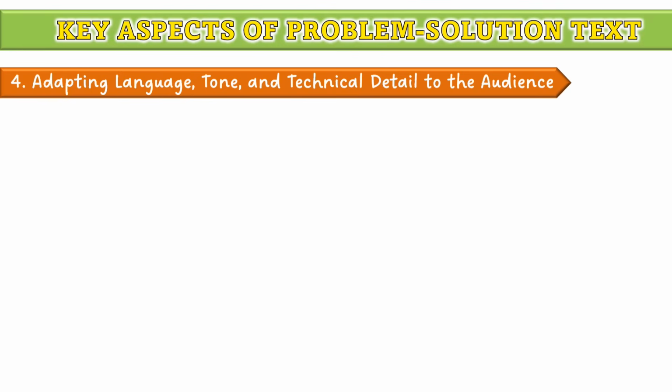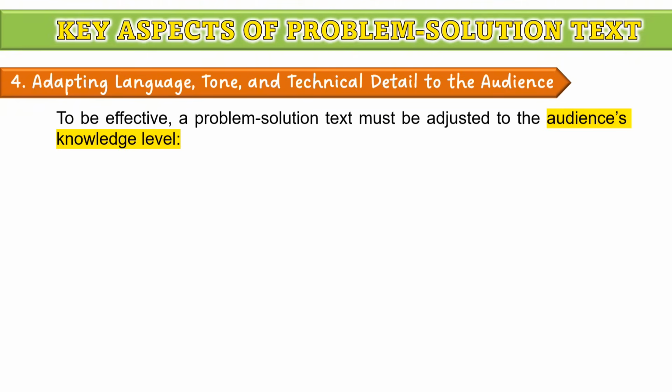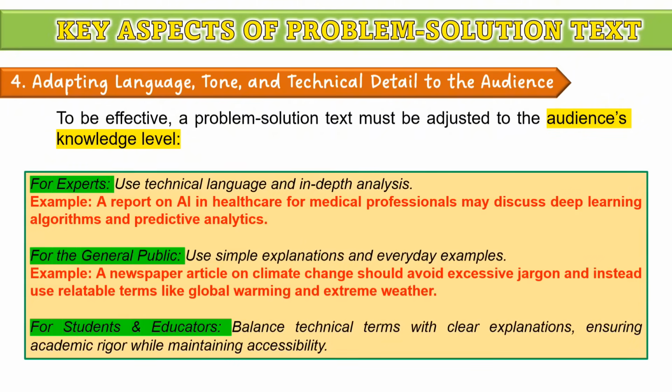Number 4. Adapting language, tone, and technical detail to the audience. To be effective, a problem solution text must be adjusted to the audience's knowledge level. For experts, use technical language and in-depth analysis. For example, a report on AI in healthcare for medical professionals may discuss deep learning algorithms and predictive analytics. For the general public, use simple explanations and everyday examples.